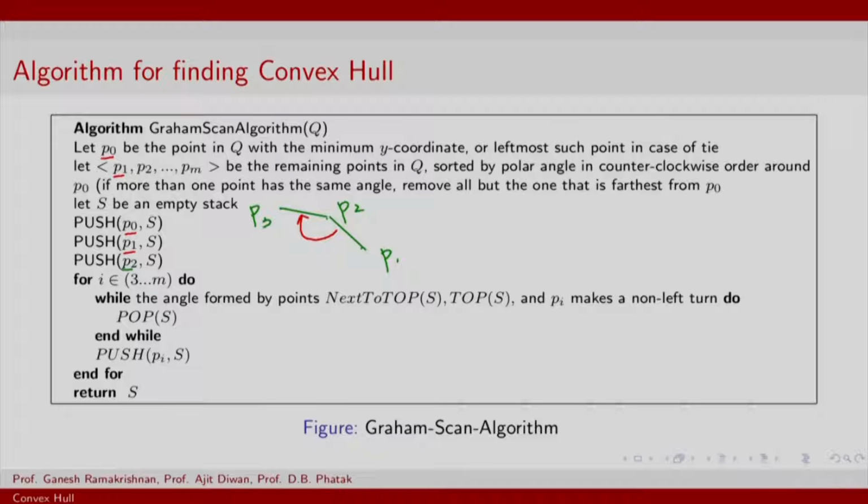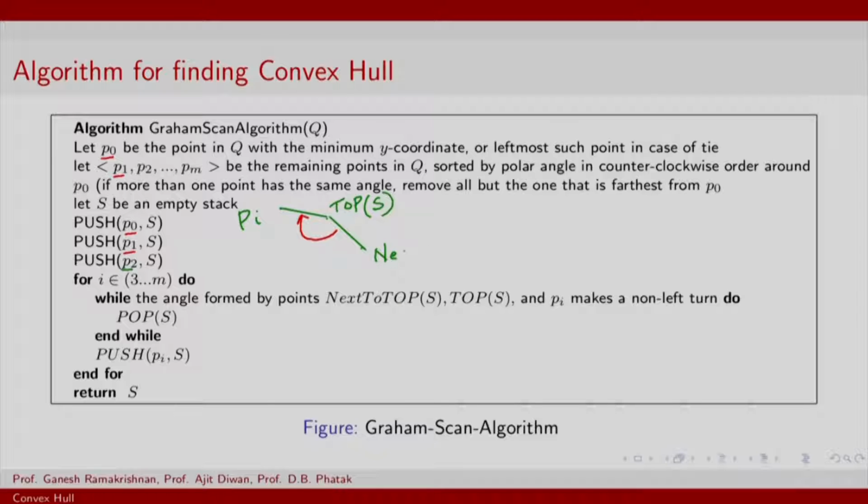We are going to now generalize this to not just P1 and P2 but the last two elements of the stack. So what was P3 is now basically Pi, what was P2 is the top of the stack S, and what was P1 is now the second last element of the stack.